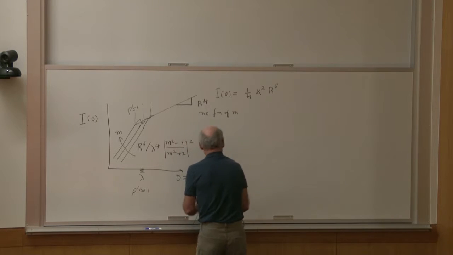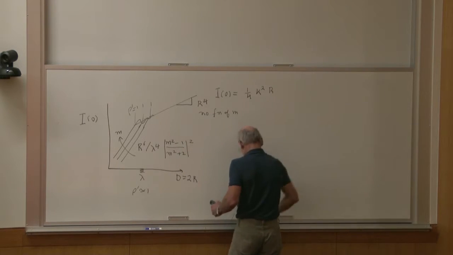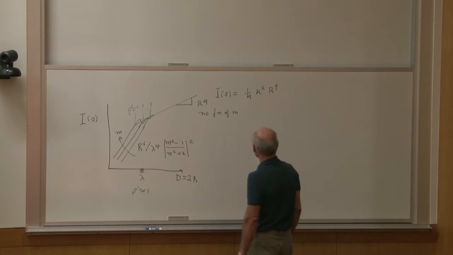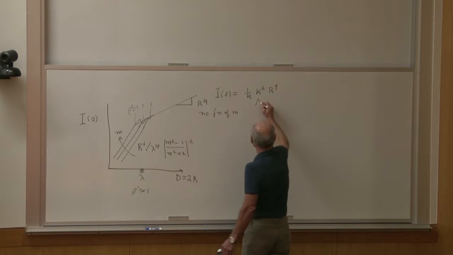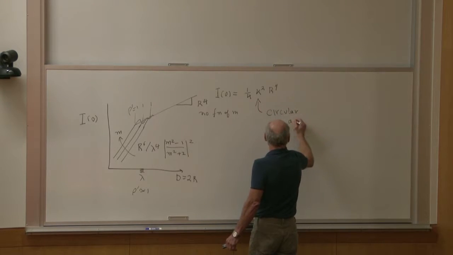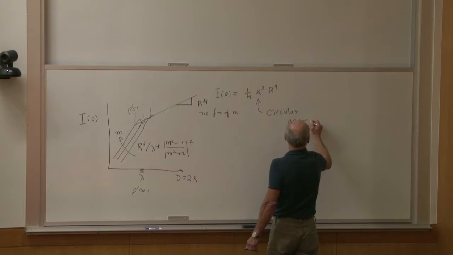I said k to the 4th, didn't I? And I wrote r to the 6th, but I've got it correct now, okay? So which is circular aperture diffraction. I might have misspelled that.